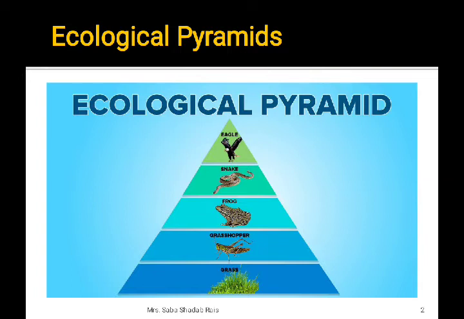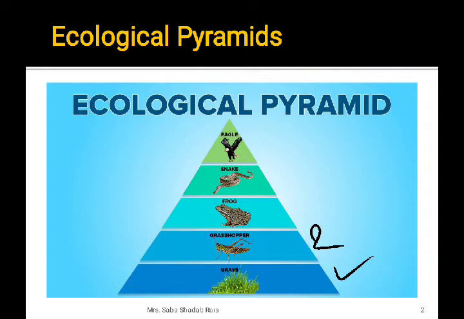Now the second level. I told you a pyramid is a study in which we study the levels. The first level is the organisms that produce their own food, such as grass or plants. One example I have already shown on my screen. Now the second level is the animals that directly depend on the producer for their food.